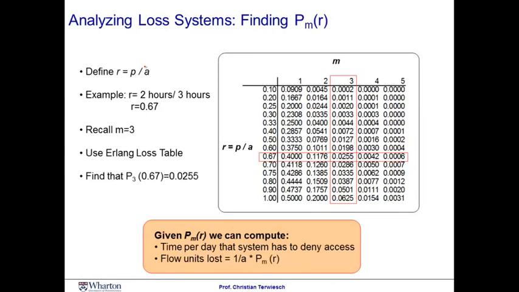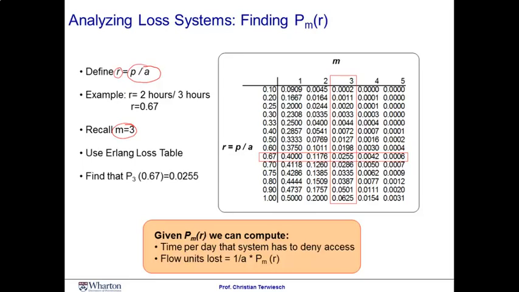Here's how I want you to find out the probability. The first thing I want you to do is compute the ratio between the processing time and the inter-arrival time. I would prefer that you don't try to interpret that number, just call it R for ratio. Next, you look at how many resources do you have, or how many servers do you have in that resource, and so in this case we have 3 trauma bays, m equals 3.